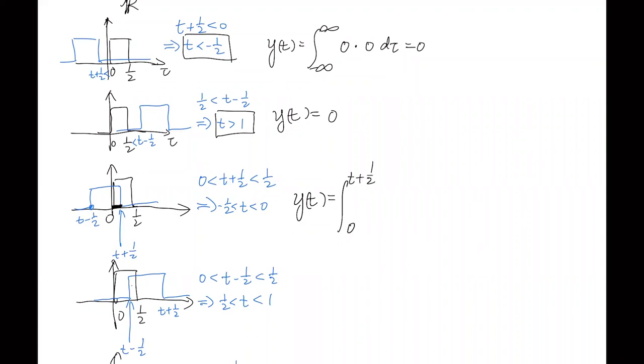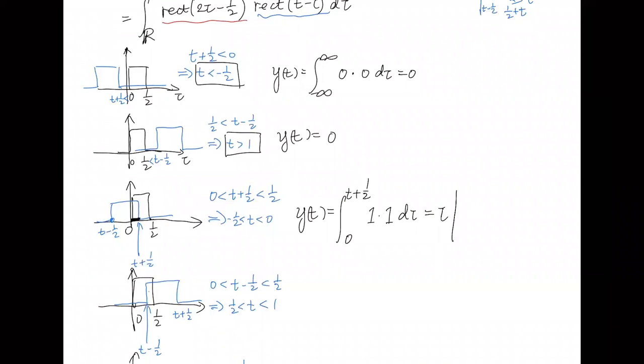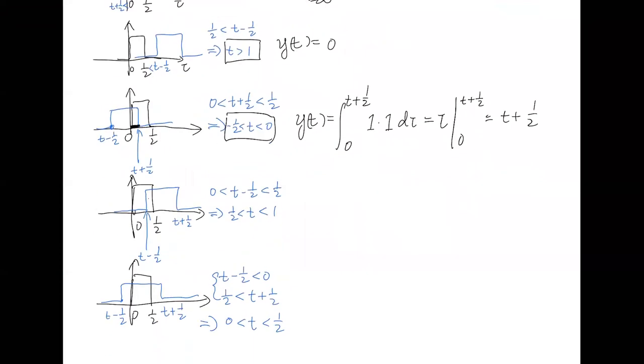And both functions are 1 here because they're rectangular functions, and then d tau, right? So you are left with tau, from 0 to t plus half, right? So the final result is t plus half for this interval.